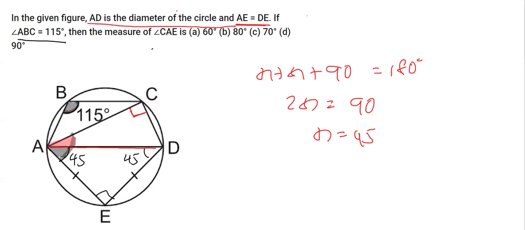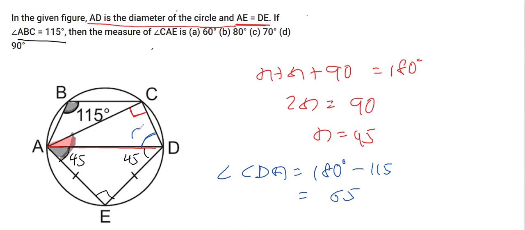So we can say that one of its angles is given, so we can find this angle, right? Opposite angles of a cyclic quadrilateral are supplementary. So we can say that the value of angle CDA will be 180 minus 115. So that will give you 65 degrees. And the reason here is that opposite angles of a cyclic quadrilateral are supplementary. Now we got this value as 65.